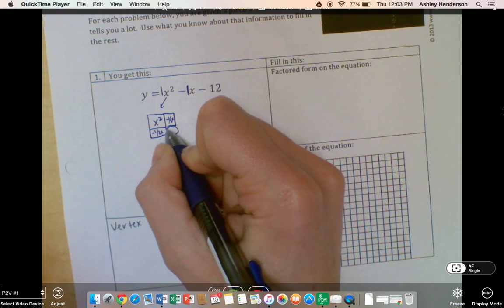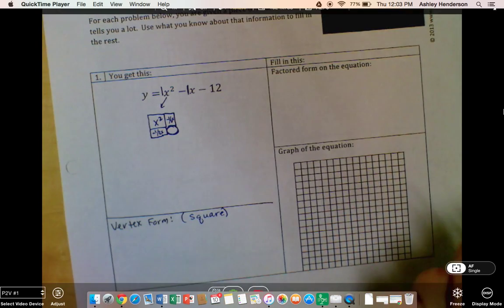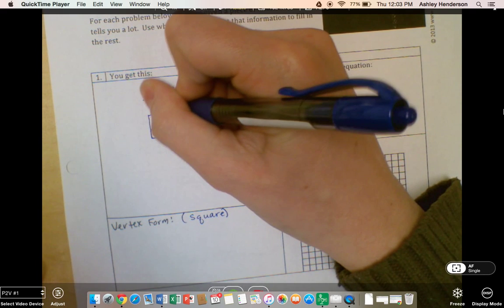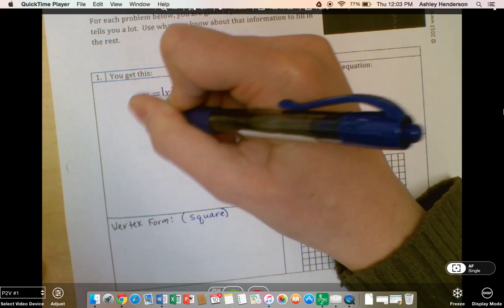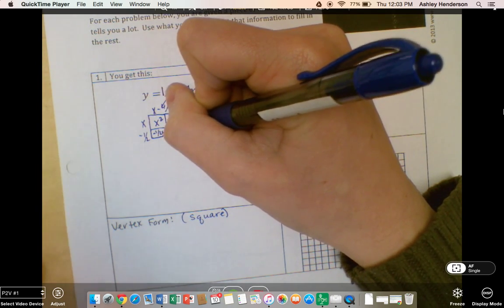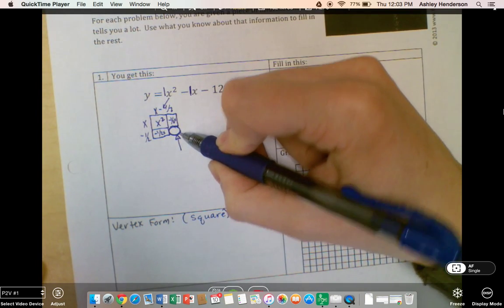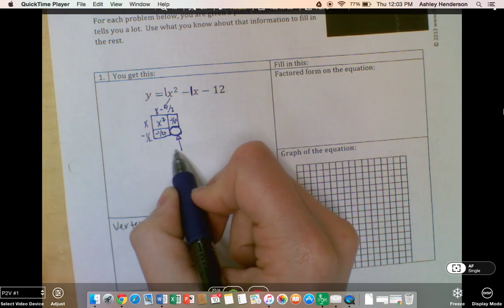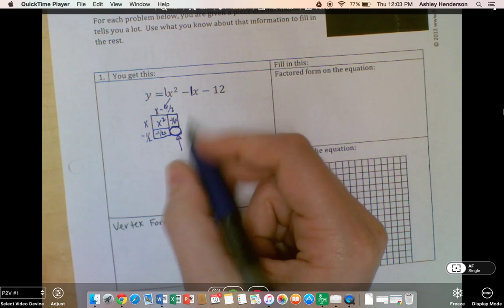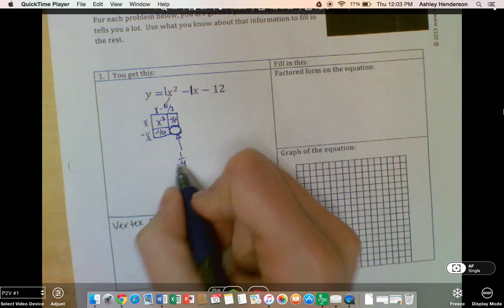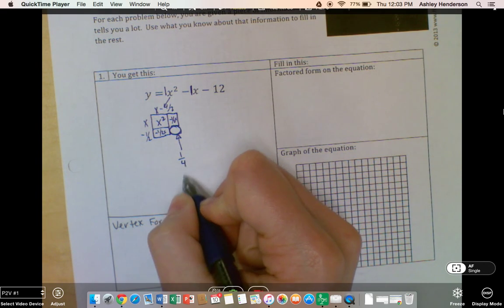If I had a square, this component right here would have been made by taking x minus 1/2 by x minus 1/2 and getting whatever this little piece of the box is right here. 1/2 times 1/2 is 1/4, whether they're both positive or both negative. So in order for this to be a square, this would have to be positive 1/4.